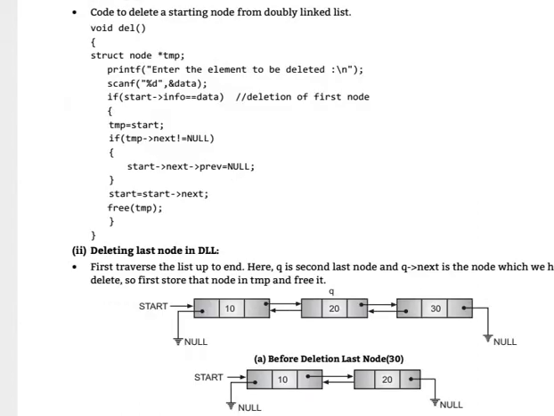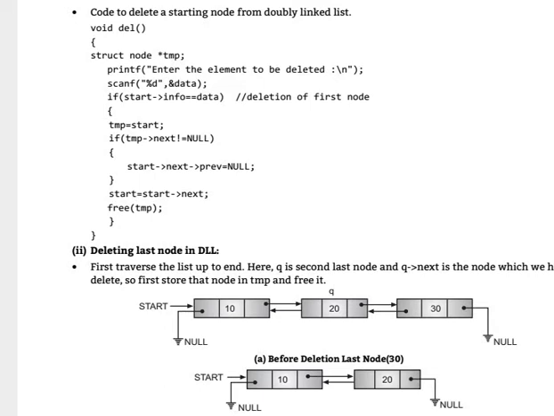Code to delete a starting node from a doubly linked list. The code is written in a function. Here a del function, meaning delete function, is created. struct node temp, one variable is taken. Enter the element to be deleted, which is stored in a data variable, and for deletion of the first node, check whether start info is equal to data.